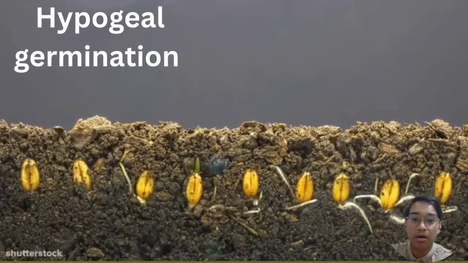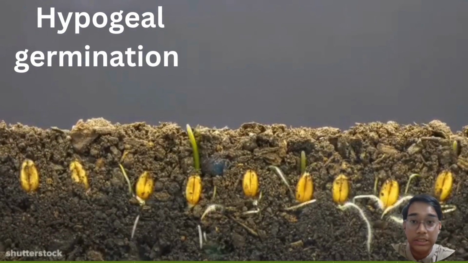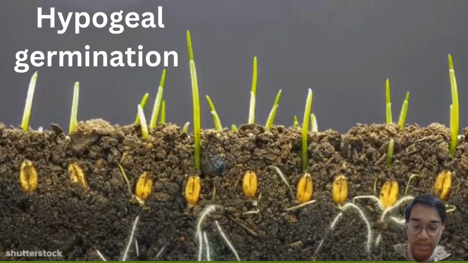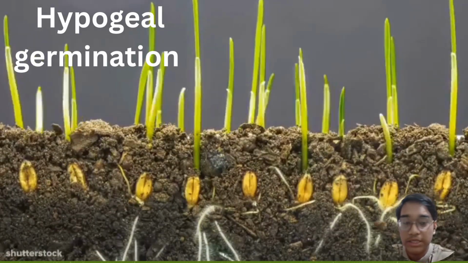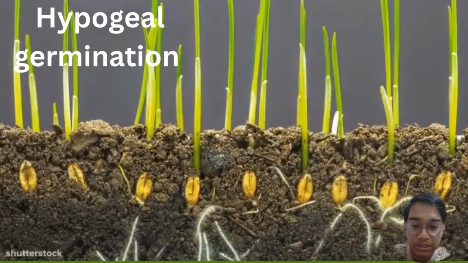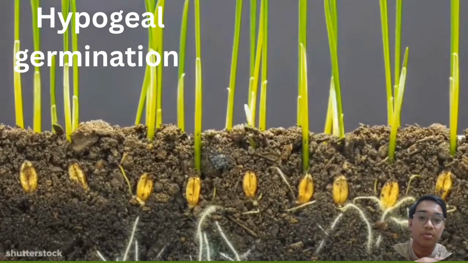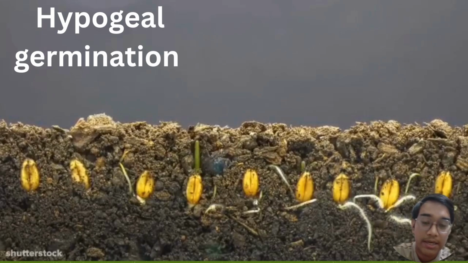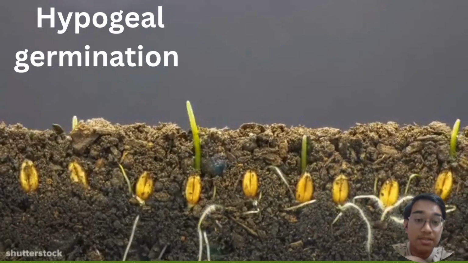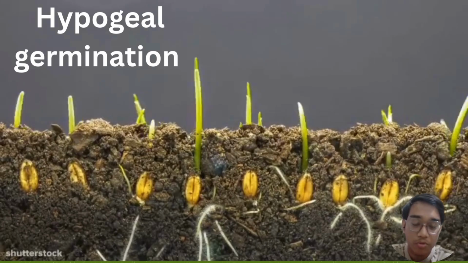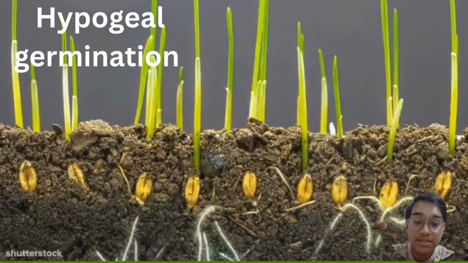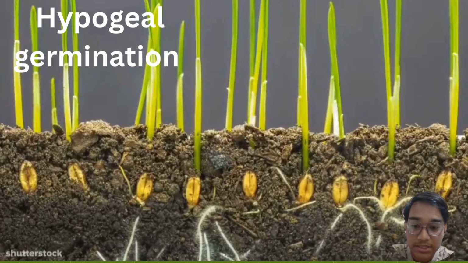After the explanation of epigeal germination, now is the hypogeal germination process. The first step is still the same as epigeal germination: the seed starts to absorb water and activates the embryo inside the seed. After that, the radicle still starts to grow to form a primary root as an anchor for the young plant.